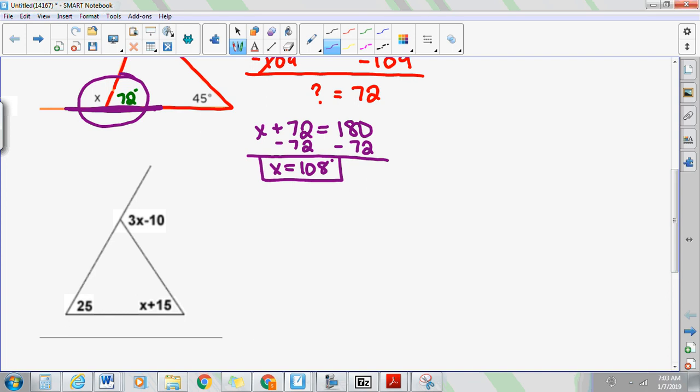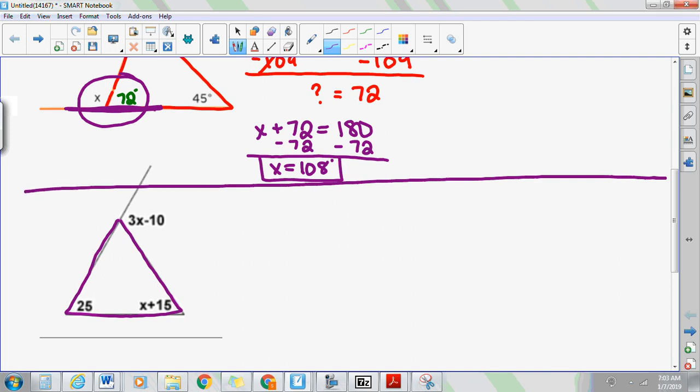If I look at this next problem, there are letters involved here, but that's okay. This process is still going to be the same. So I'm actually going to start the same way. I see a triangle. And anytime there is a triangle, I know that they're going to add up to be 180.